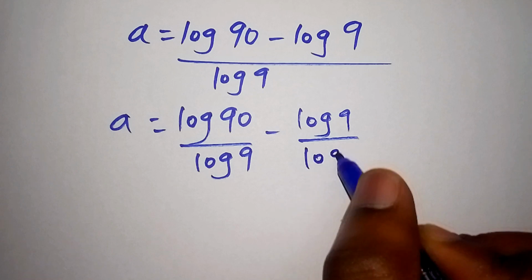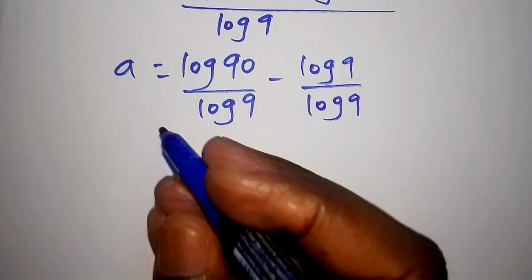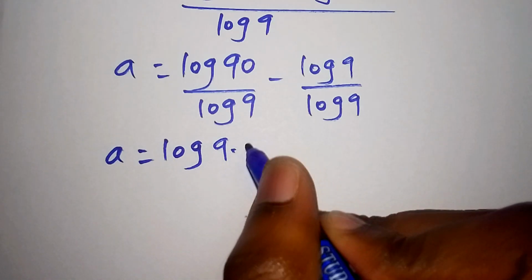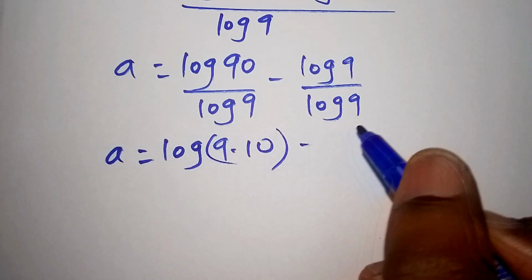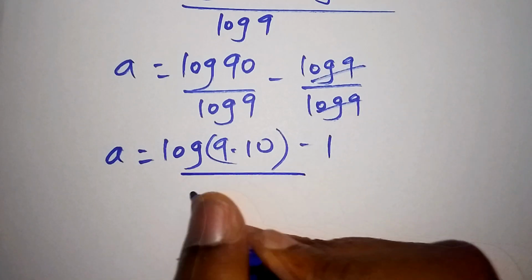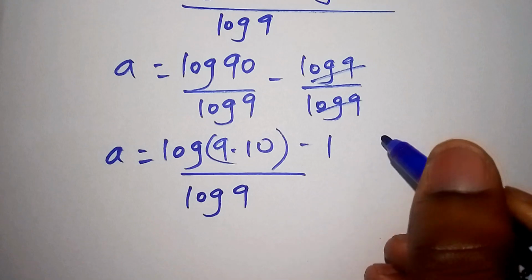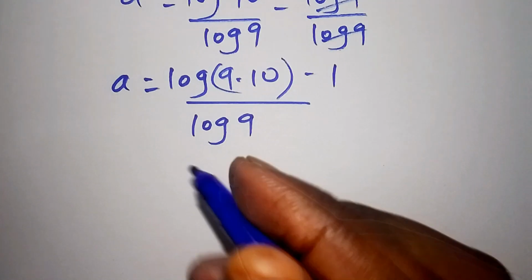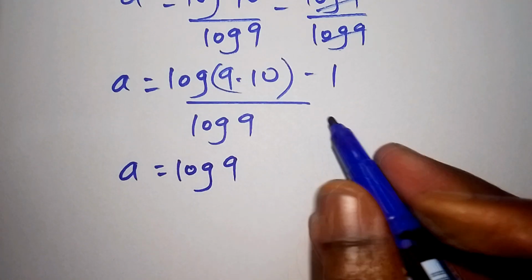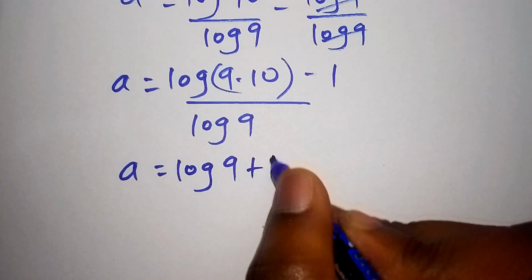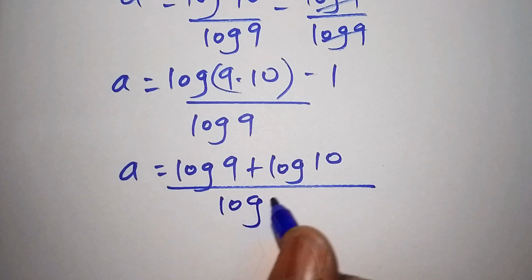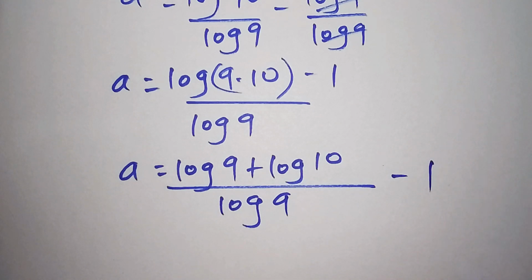So the value for a equals, log 90 can be written as the log of 9 multiplied by 10, minus, so log 9 and log 9 cancel, then I shall have 1 over the log of 9. Then next we shall say that a equals the log of 9 plus log 10, all over the log of 9, minus 1.